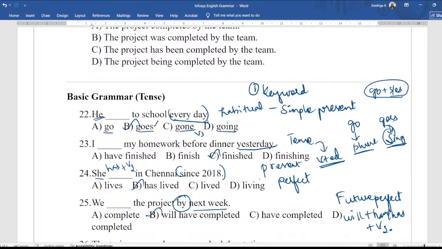But if you feel like, for example, this project you've not completed yet, so it's still yet to be completed, so we will have completed the project by next week. I hope you understood that.